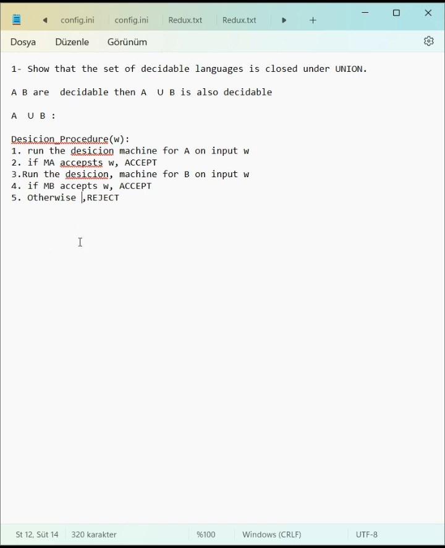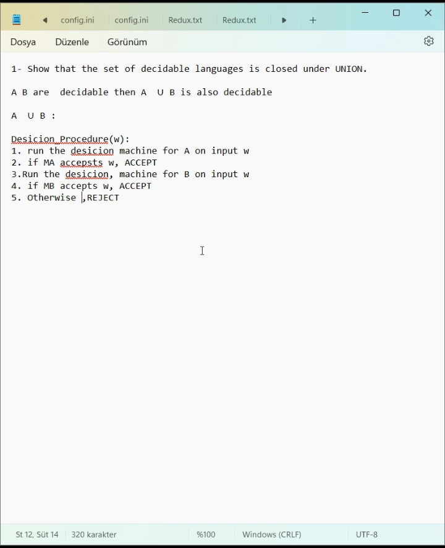If w is not an element of A and not an element of B, the procedure will reject. If w is an element of A and an element of B, the first step and second step will cause acceptance. This ensures that the machine correctly decides the language A union B.